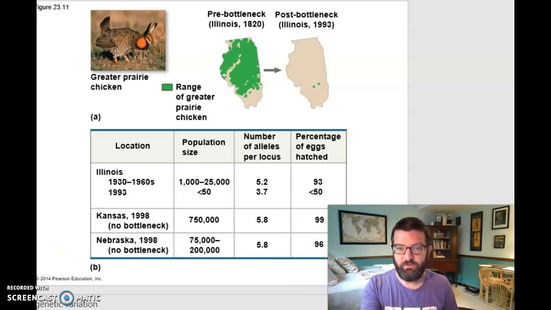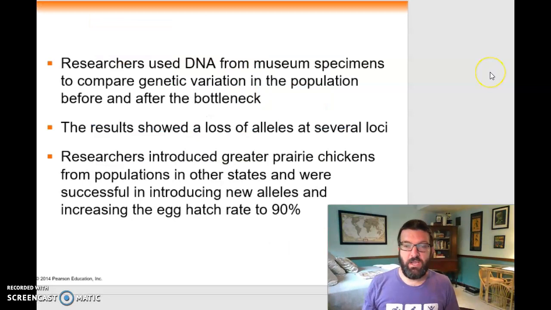And so conservation biologists took some individuals from Kansas and Nebraska, allowed them to breed with the Illinois population, and get a little bit more genetic diversity in there. And once those different chickens added genetic diversity to the Illinois population, the egg hatch rate went up from 50% to 90%.